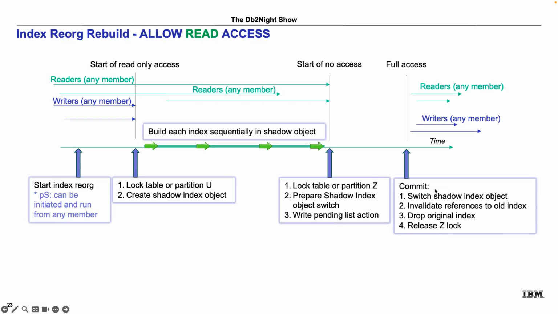At this time we'll switch the shadow object with the real object, invalidate the reference to the old index, and then drop the original or real index. All right, and last, when the transaction finishes, we release the Z lock. After that, the full read-write access will resume. Okay, so this is the timeline for index reorg rebuild, allow read access in pureScale.